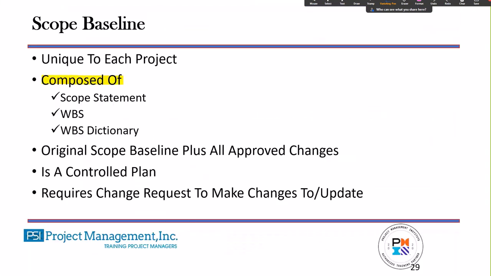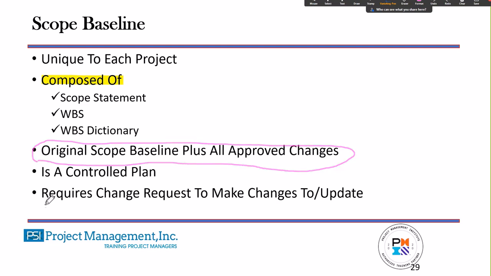Our scope baseline is unique to each project. It is composed of the scope statement, the WBS, and the WBS dictionary. To change this baseline in a traditional project requires an approved change request.